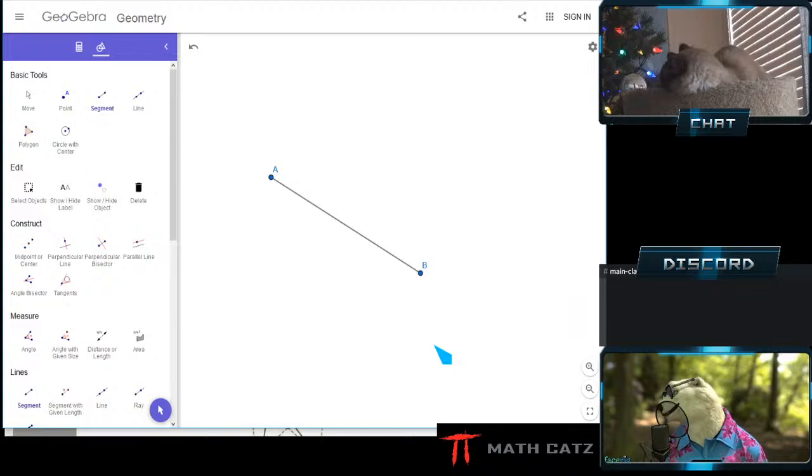I can use the perpendicular bisector for a couple of reasons. I want a perpendicular line maybe, or I want to cut the existing line segment in half. Either way, or both maybe. Either way, the perpendicular bisector construction will do either or both of those things.